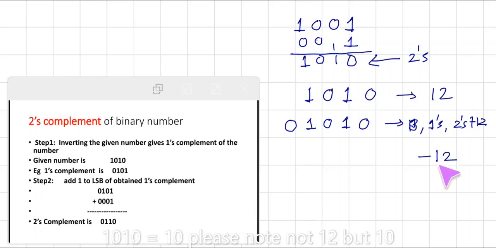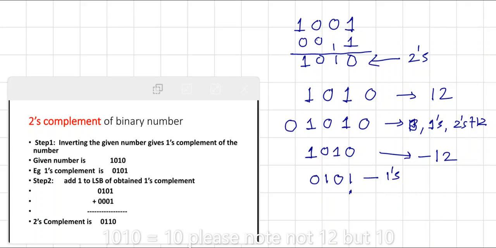But when we want to represent minus 12, step 1, take the binary code, then take its ones complement. If this is 1100, the original number, but we have to represent it in the form of minus 12, so take its ones complement, that is 0 0 1 1. This is the ones complement form.